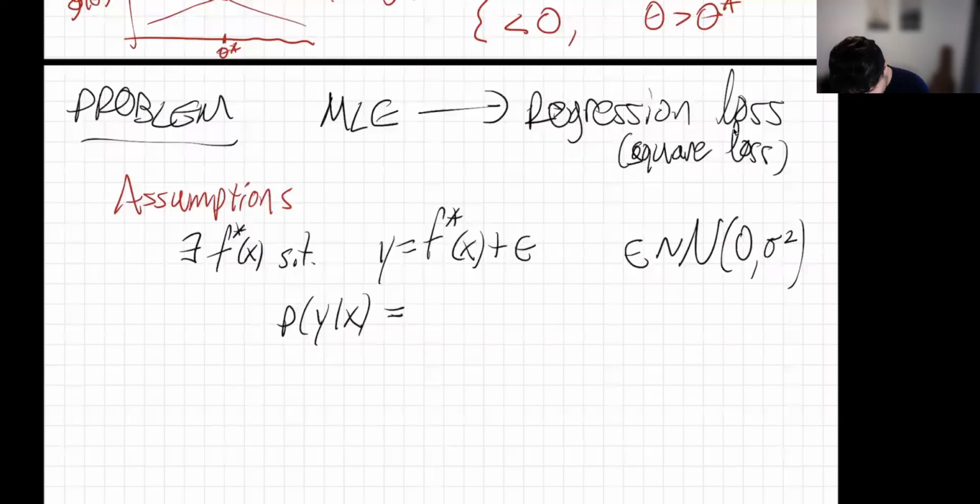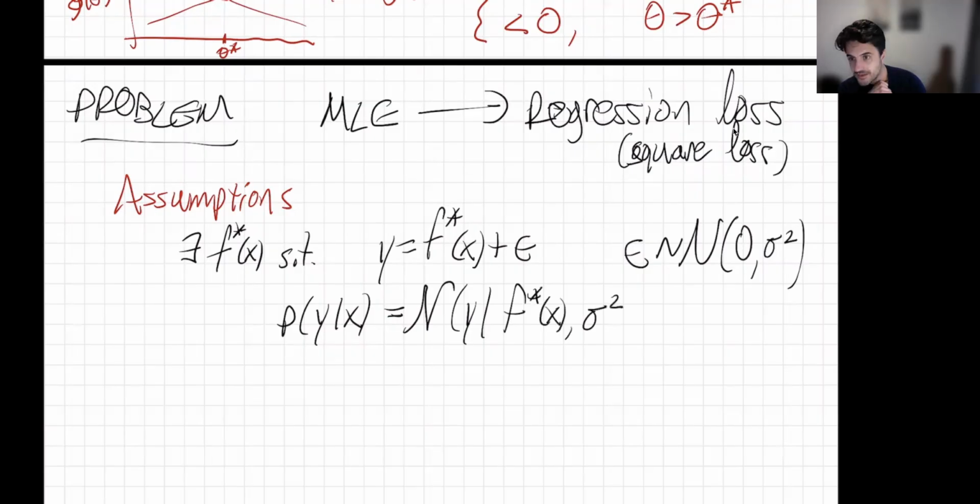We're saying, under some kind of weird definition of this equality sign, that y is basically a Gaussian with mean f star of x and variance sigma squared. That's basically our high level assumption. That's what we're assuming about our data.